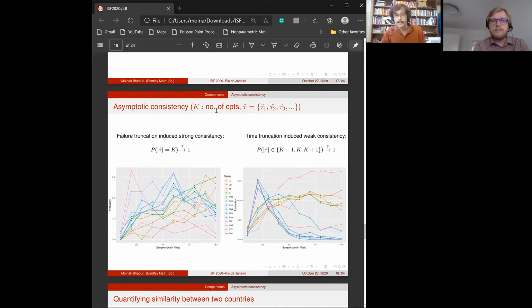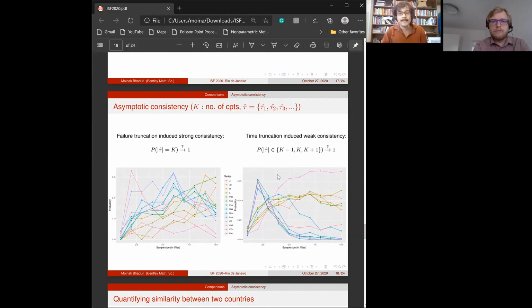For the simulation study we set K to 2, and I was trying to check whether the probability of detecting the right number of changes approaches 1 asymptotically. We found that for most of our competitors, that long-run probability decays very, very rapidly, while for most of our proposals, although we are not reaching 1 all that fast, we are not dropping either.